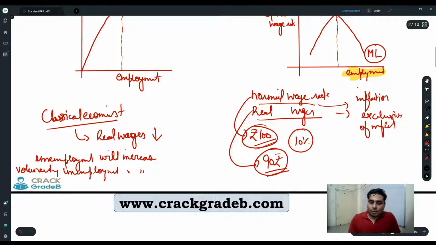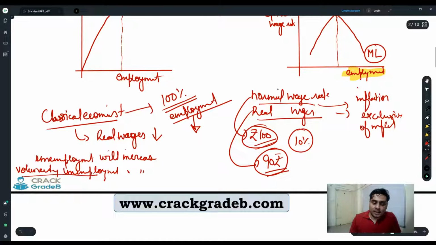Fine. So why are they emphasizing voluntary unemployment? Because classical economists believe that the economy always has 100% employability. When they say 100% employability, they are not considering voluntary unemployment.